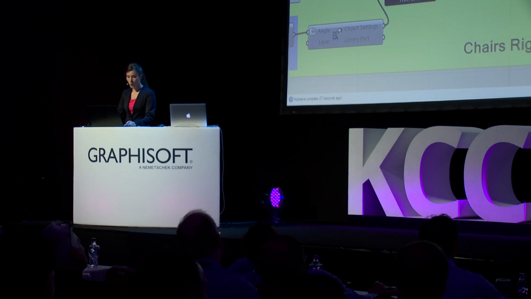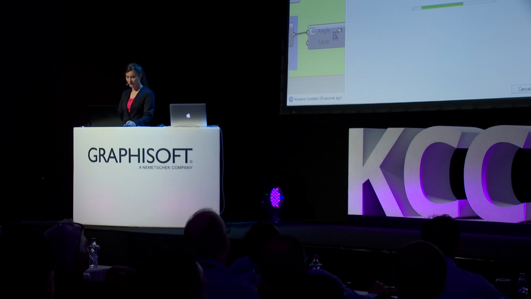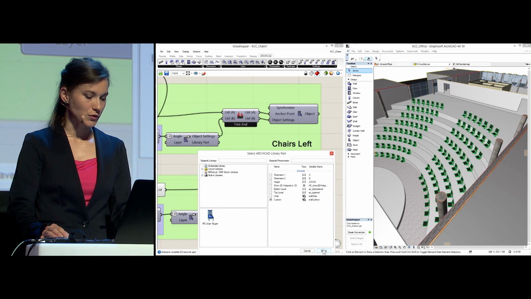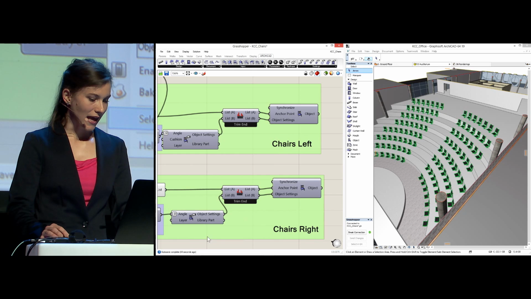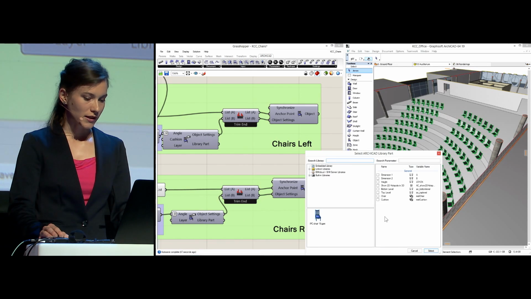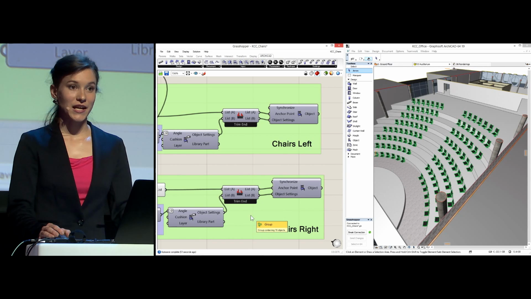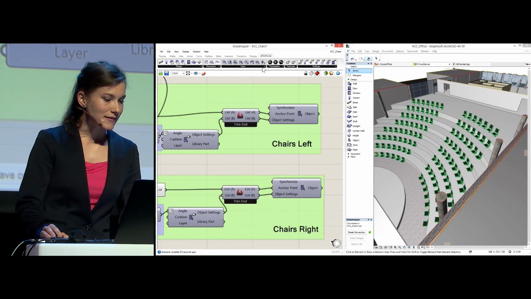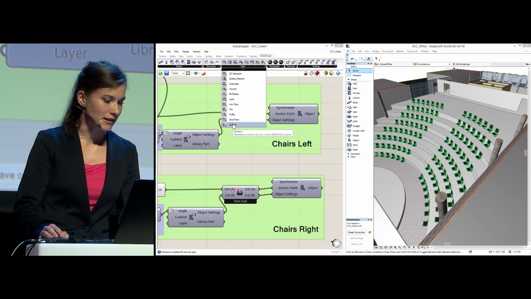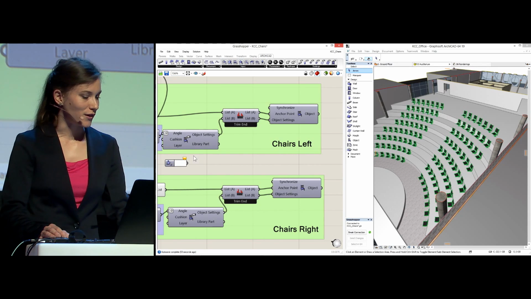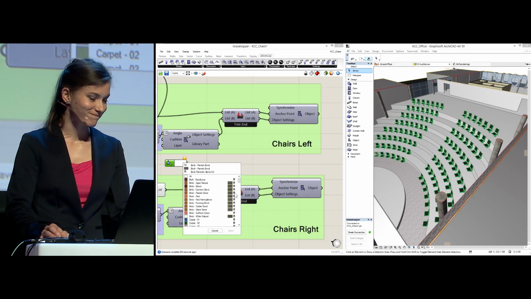I only need to open a dialog in Grasshopper, select the parameters that I would like to control from Grasshopper, and as a result, the controlling node will be extended with the desired new input parameter, and so I have access to its value.